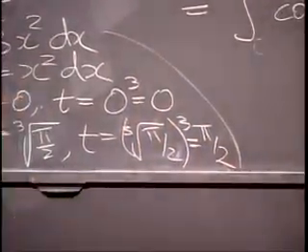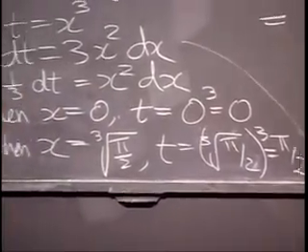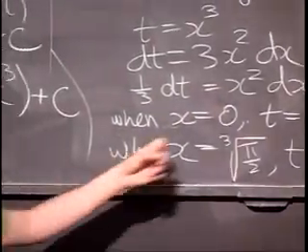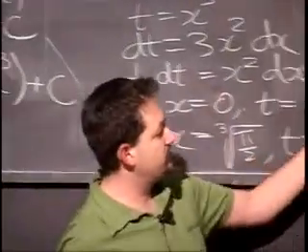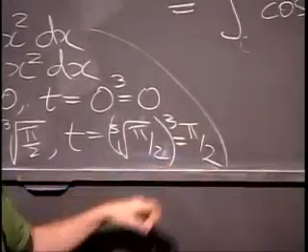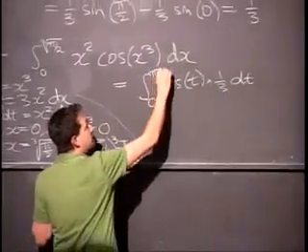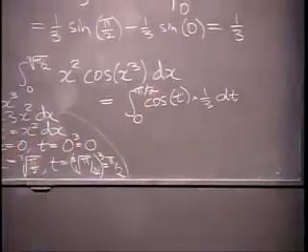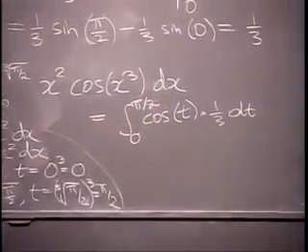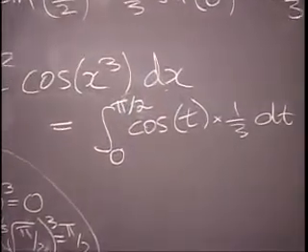That's all within the working. So we've migrated the bounds. Instead of 0 to the cube root of pi over 2, we go from 0 to pi over 2. So this, correctly, is from 0 to pi over 2. And that is the full migration of the definite integral from x land to t land.